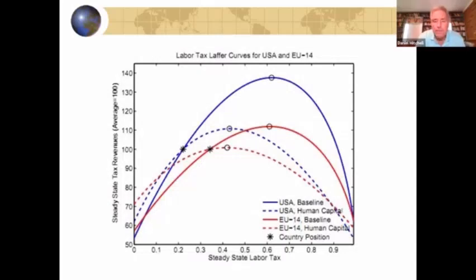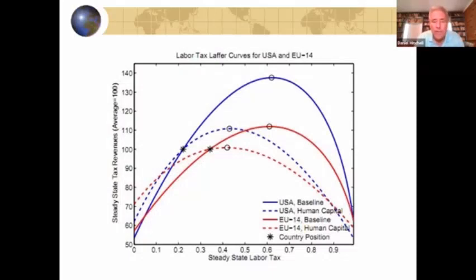Here's a chart from a study that was done by two economists, one from the University of Chicago and one from the Federal Reserve, which is our central bank in the United States. And it shows the estimates for the Laffer curve in both the United States and Western European countries. Now, this is for labor taxes.